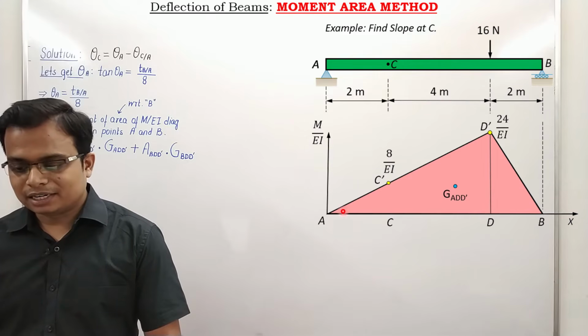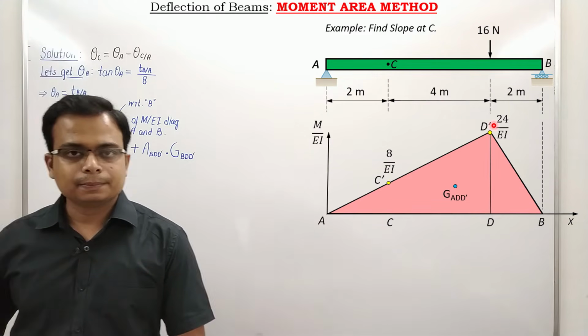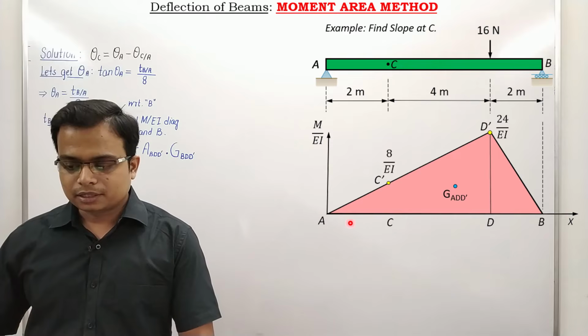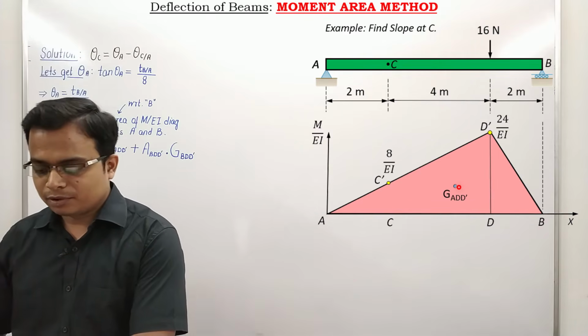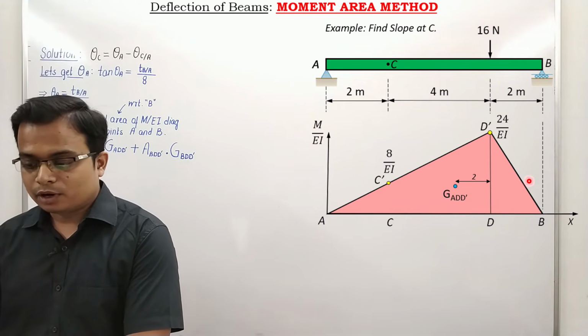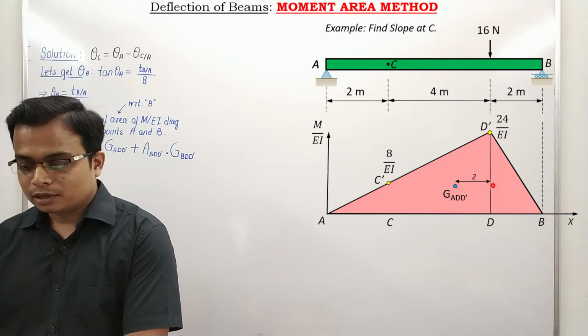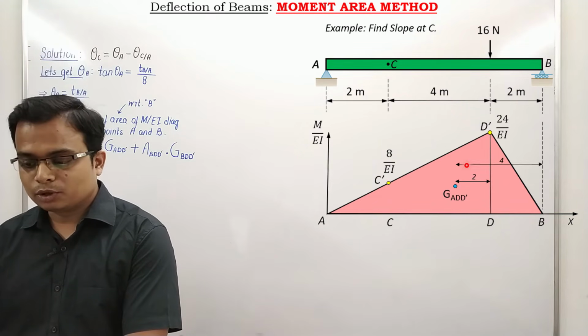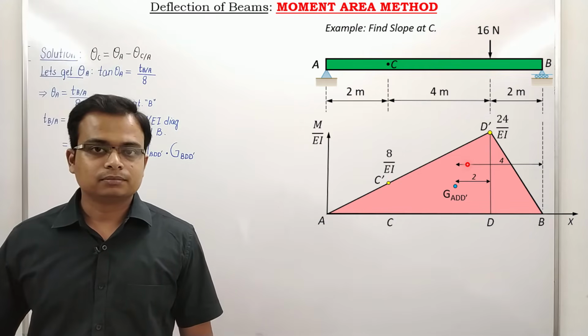Just focus on this triangle ADD'. 6 divided by 3 is 2, and we want the value from this end, so this distance we already know is 2. 2 plus 2 gives you 4. That's it.